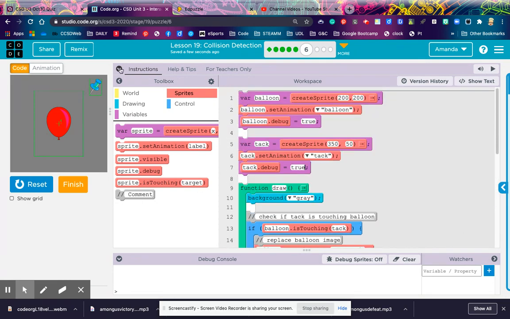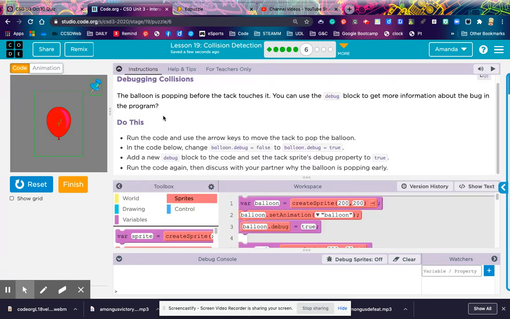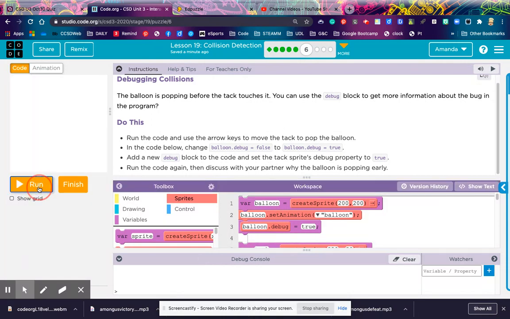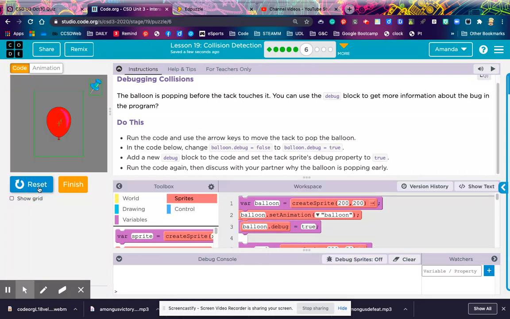Alrighty, so then let me check the directions again. Run the program, use the code below, I did that. Add a new debug block to the code and set the tack property to true. Did that, run the code again, then discuss. All right, so I think what's happening here is those squares around the balloon and the tack, once one square touches the other square, then it's popping.